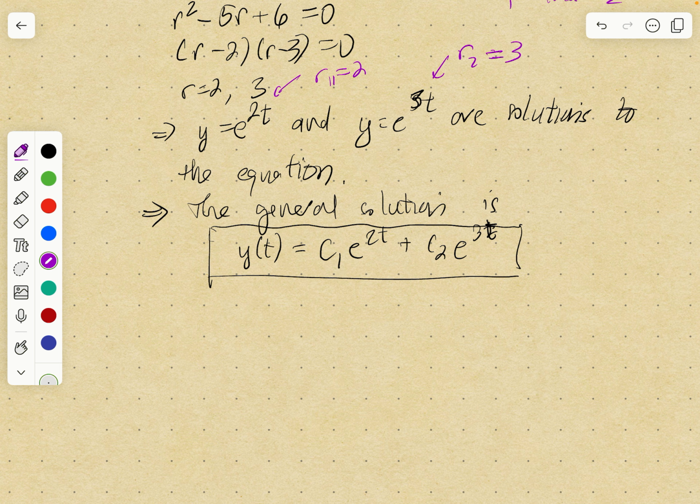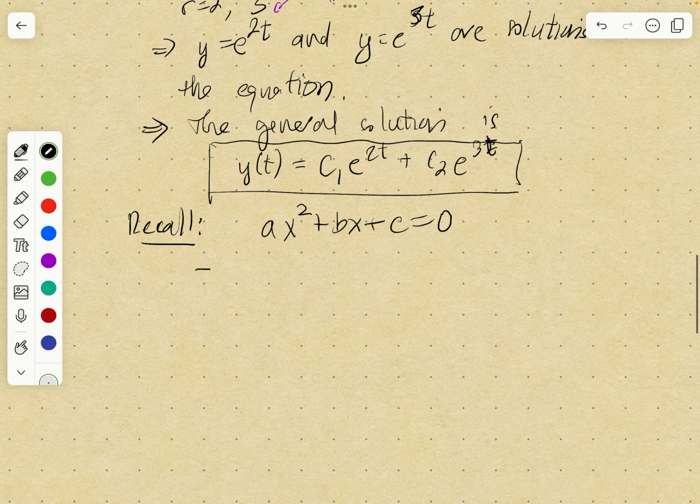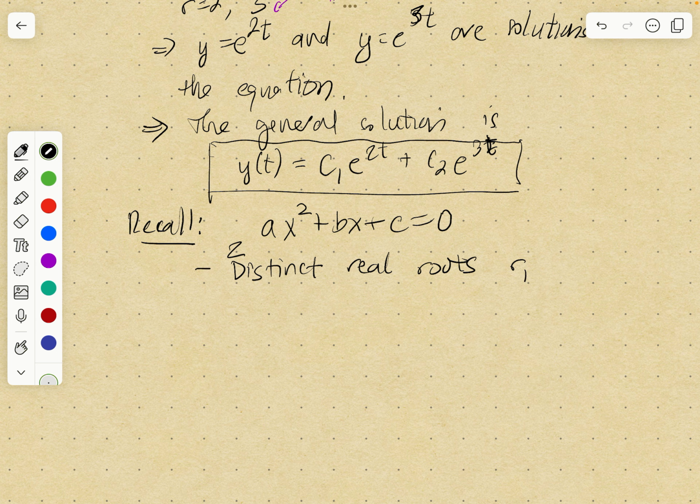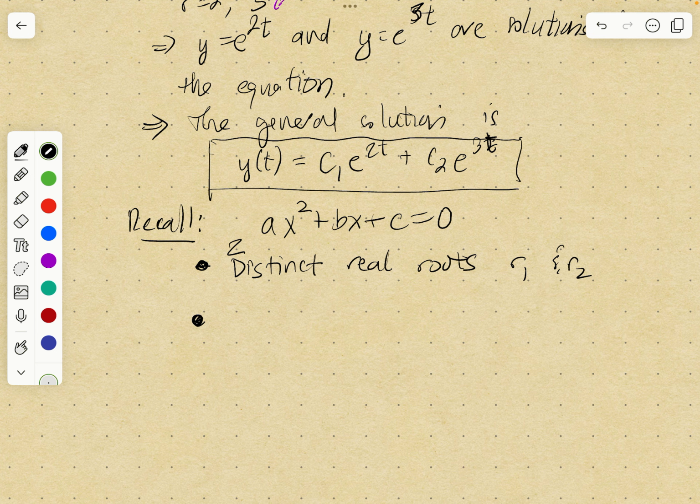More complicated is when you have, so remember, when you have a quadratic equation, ax squared plus bx plus c is 0, you have three possibilities. One of them is that you have two distinct real roots, r1 and r2. Another possibility is that you have one repeated root, r.